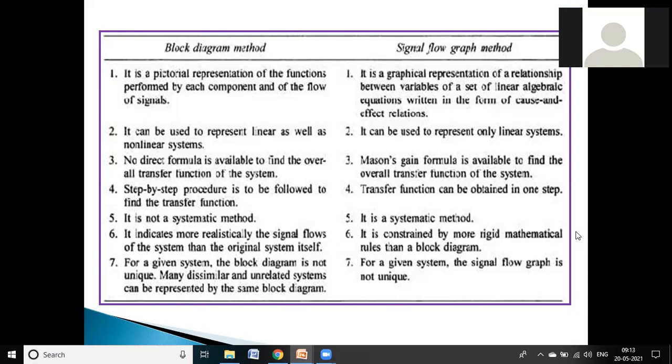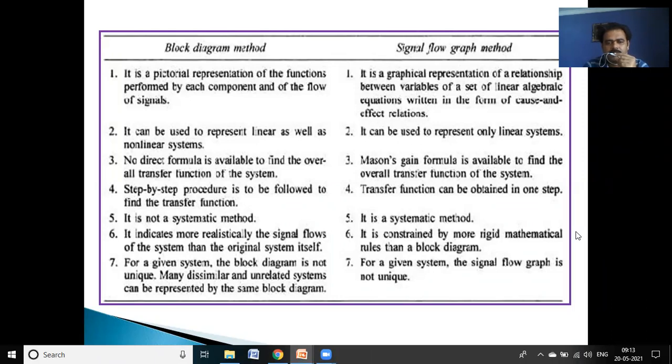For example, already we have learned about the transfer function model, or block diagram model, of a DC motor, an armature controlled DC motor. We have already obtained the transfer function for it.